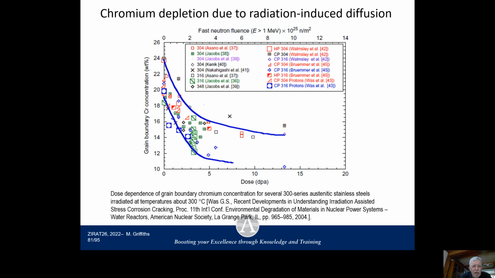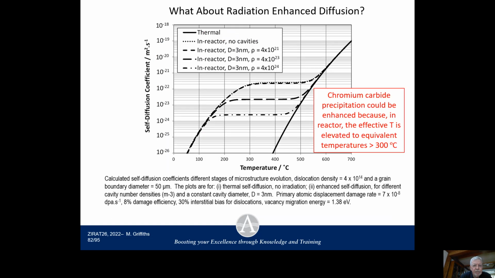Now, you may say, well, this is 300 degrees C, you don't have enough diffusion going on to form any carbide formation or anything in order to create that sensitization. However, one can calculate the effect of irradiation on the enhancement of diffusion using a rate theory model.